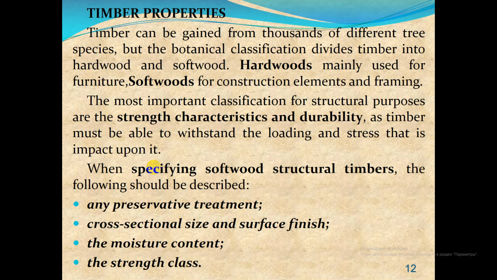Timber properties. Timber can be gained from thousands of different tree species, but the botanical classification divides timber into hardwood and softwood. Hardwoods are mainly used for furniture, softwoods for construction elements and framing.